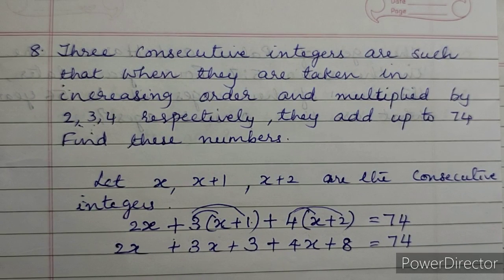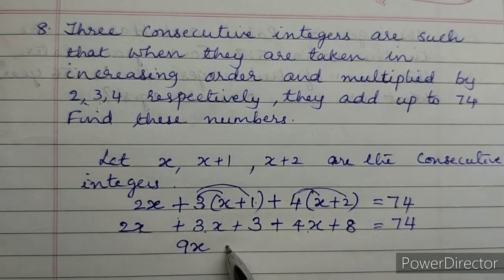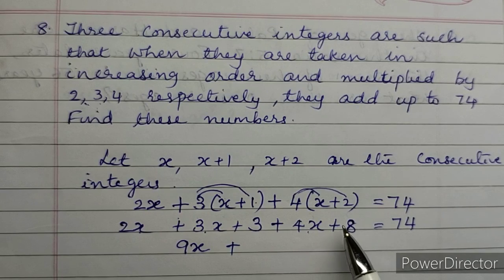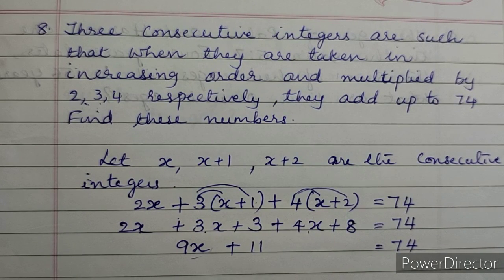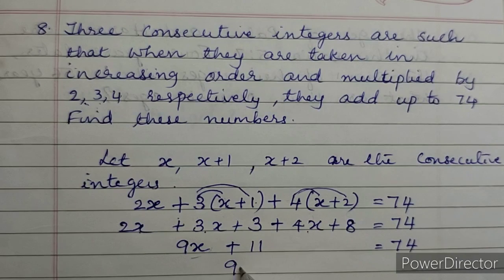Now all the x together you add up: 2x plus 3x, 5x. 5x plus 4x, it is 9x. Plus all the number part you add, 8 and 3. 8 plus 3 it is 11 equals 74. Now 9x portion you keep there and 11 you bring to the other side.